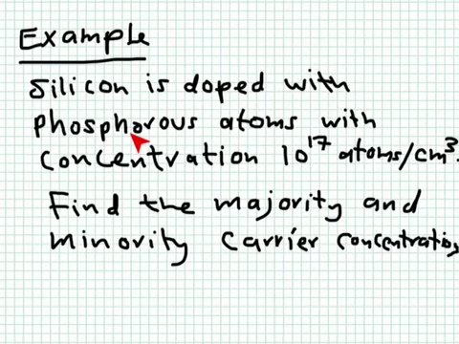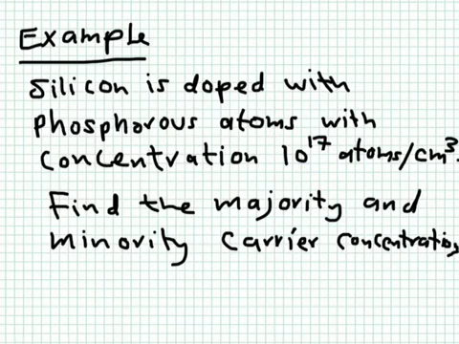Because we introduced phosphorus, and phosphorus has 5 electrons in the outermost shell, every phosphorus atom will contribute 1 electron. And this electron becomes free at room temperature, so we really have this number of free electrons. And this one exceeds a lot the intrinsic electron concentration. So effectively, this is the number of electrons we have.